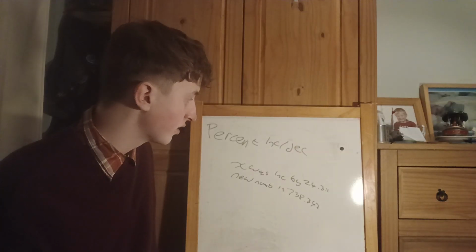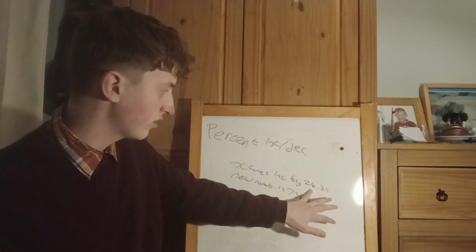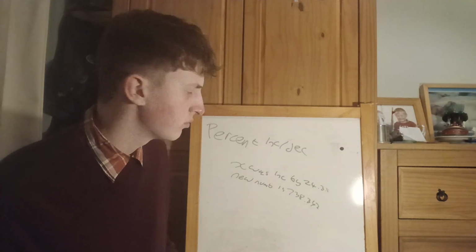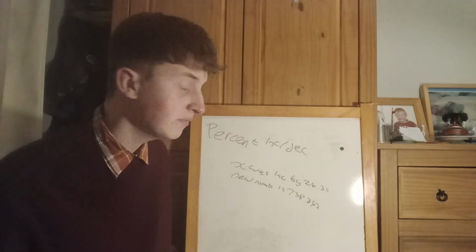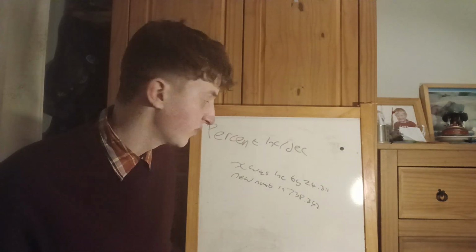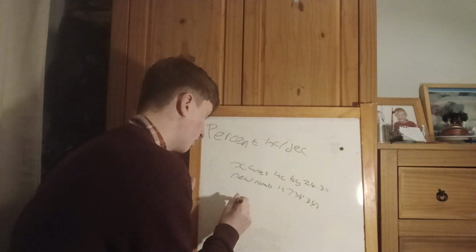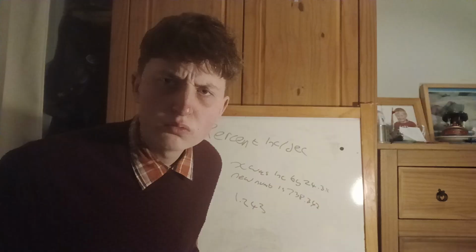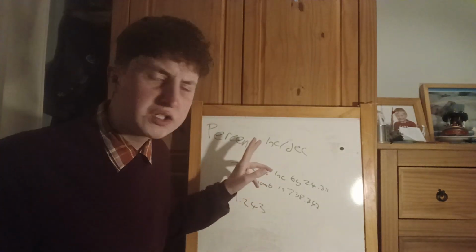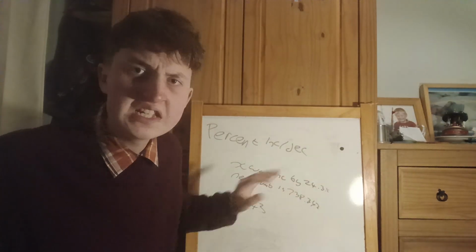To do this, we divide 24.3 by 100 to give us 0.243, and then we add 1 onto it, so we get 1.243. So this increased it, and now we're trying to decrease it.